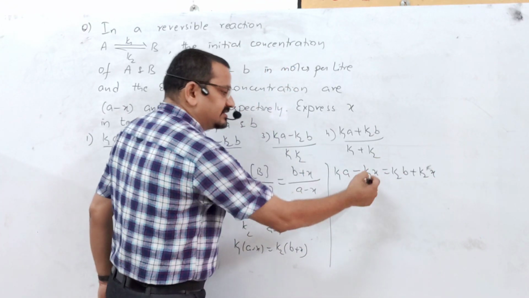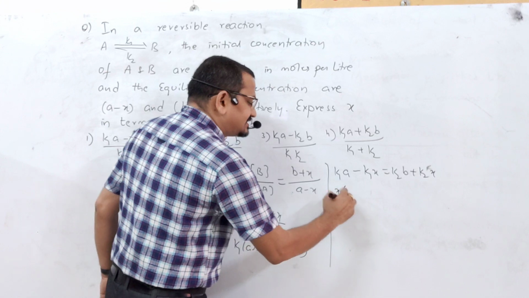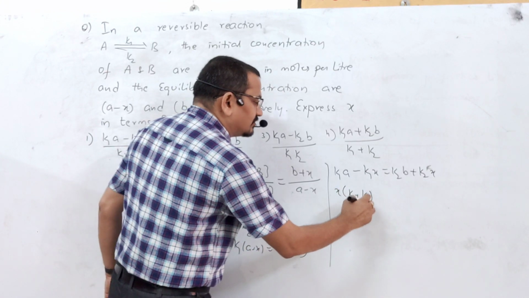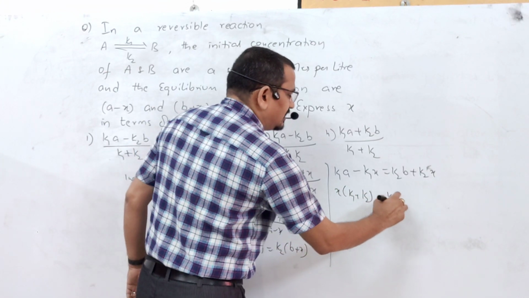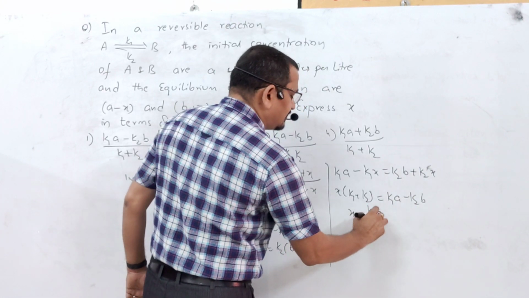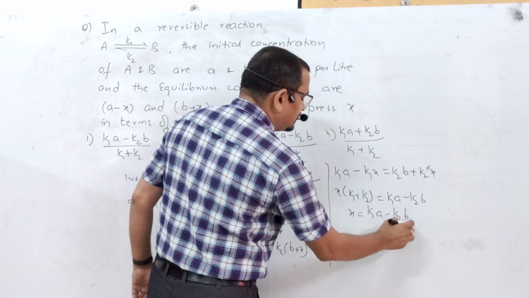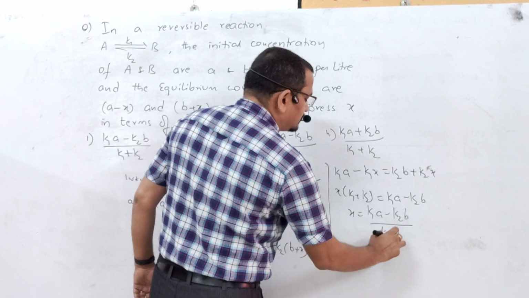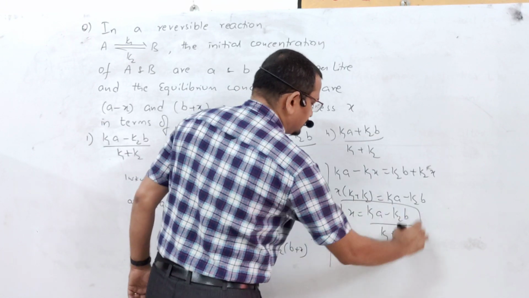Now by taking K1x that side, x into K1 plus K2 is equals to K1A minus K2B. So x is equals to K1A minus K2B over K1 plus K2.